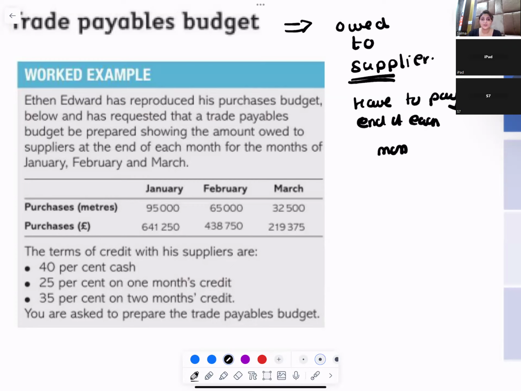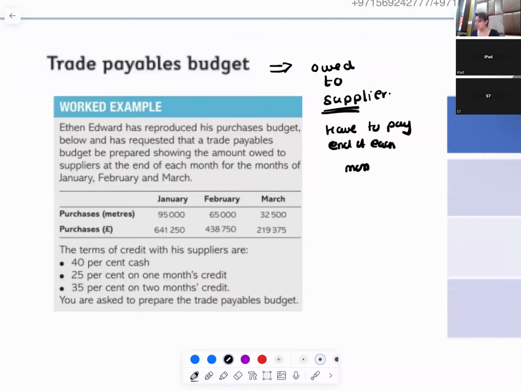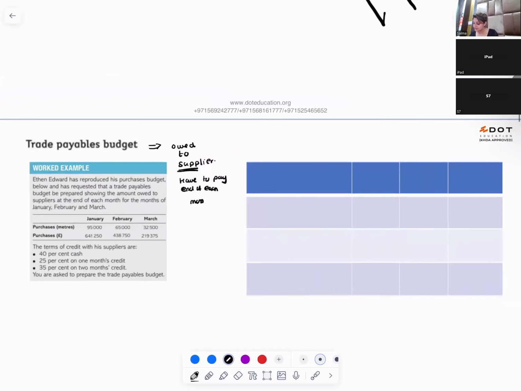So it will also have an opening balance, then your credit purchases, then the payments and the closing balance, maybe even discount if there is any. I wanted to try this sum out and then I will come back.